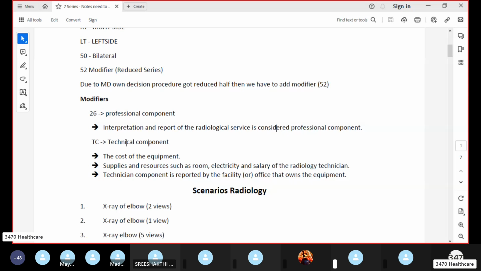In the provider record, why would you give that TC? I'm telling you, that is only for provider service. You are billing for only what the physician did. Suppose they ask for facility billing, you are coming to facility billing. In that time, the same code with the TC modifier you will give.